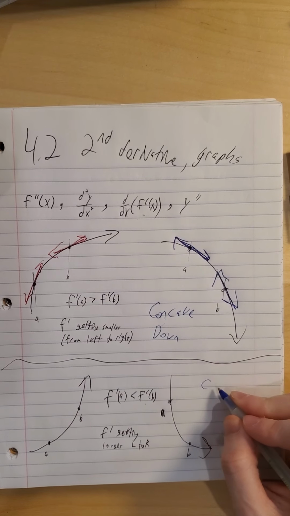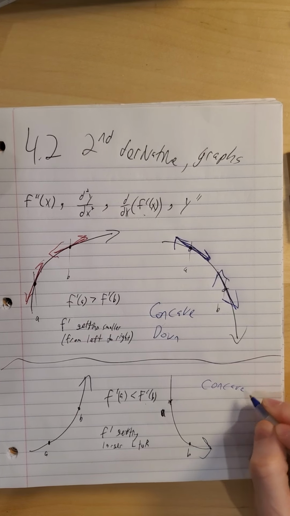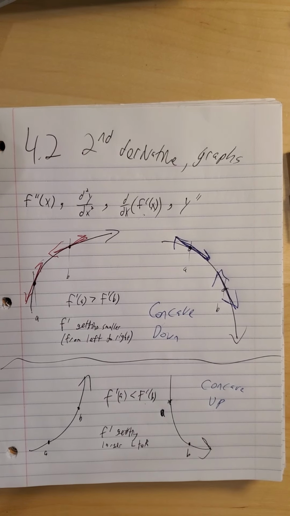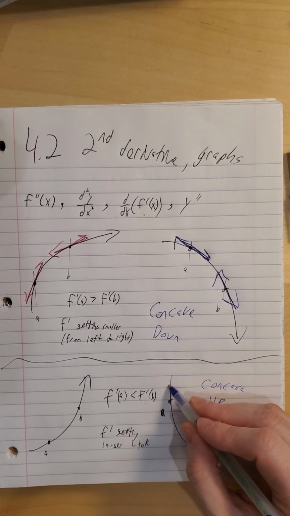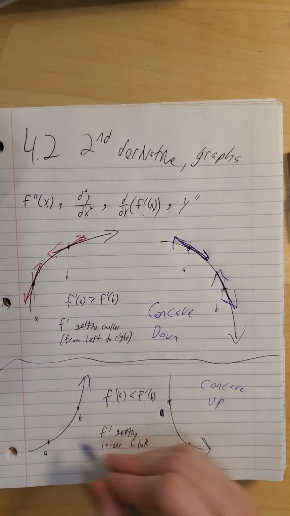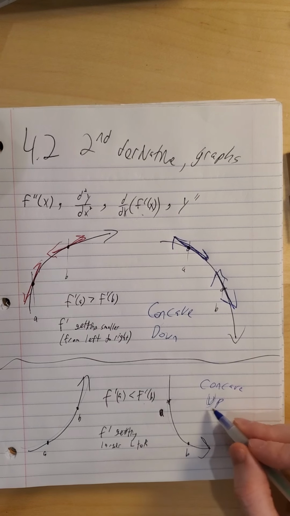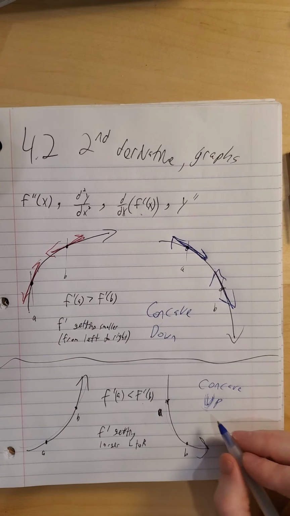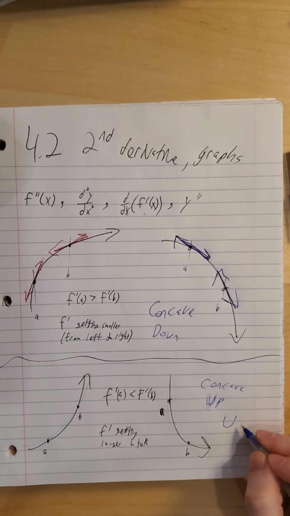These two are considered concave up. And you can kind of see that both of these would sort of fit into the letter U in up. That's one way to remember it. So concave up, think of a cup.